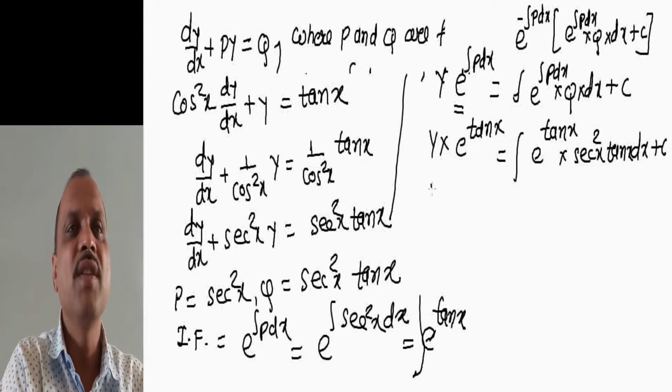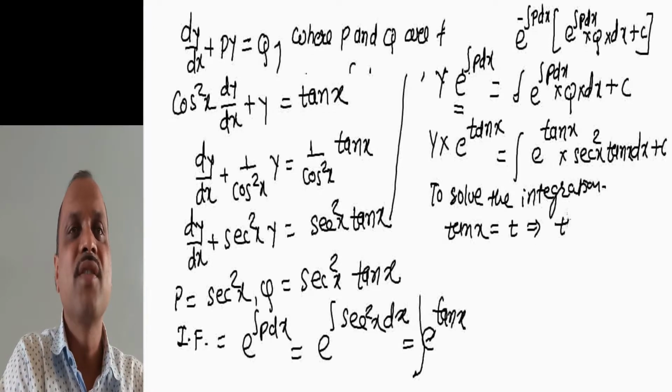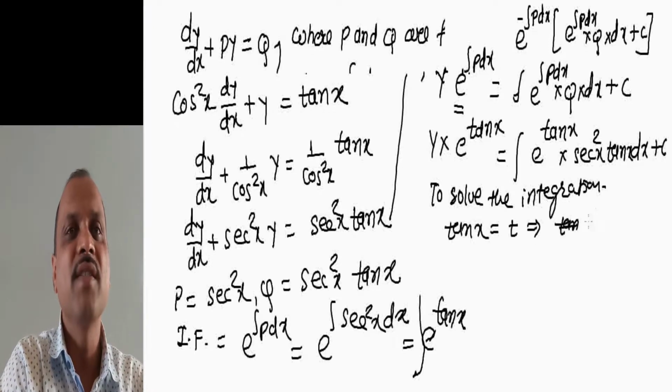Now to solve this integration, we need to substitute. We put tan x equal to t, then the derivative of tan x is sec square x into dx equal to dt.